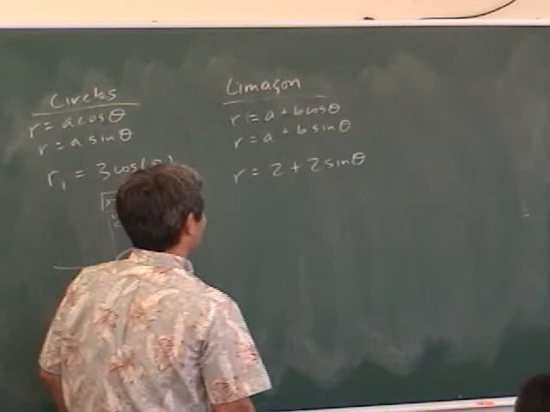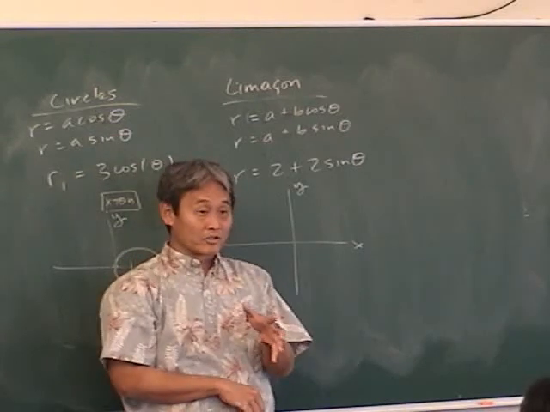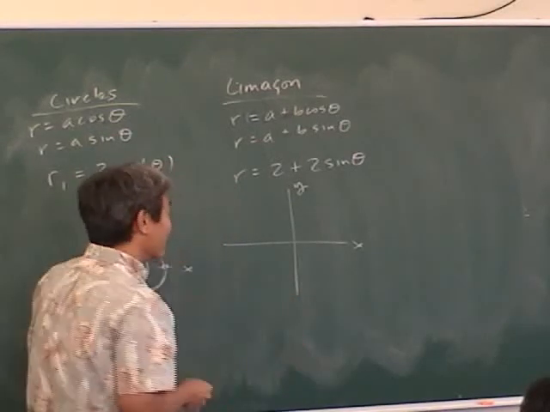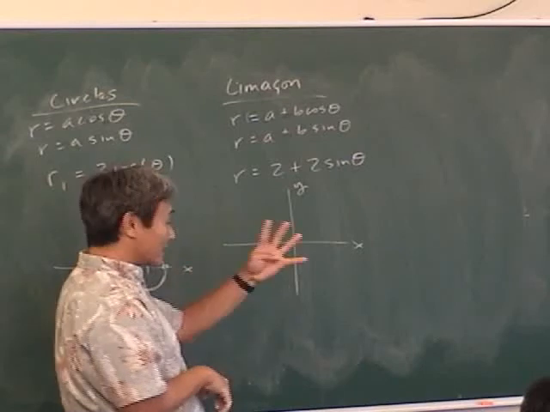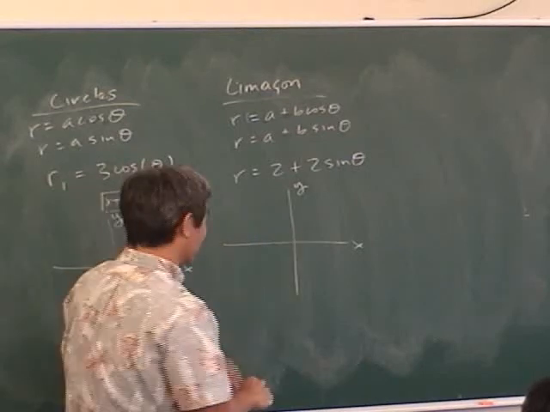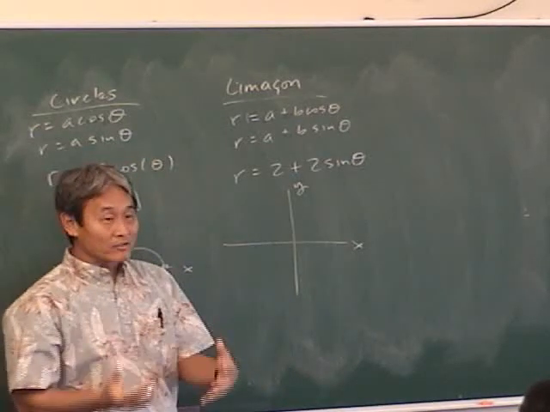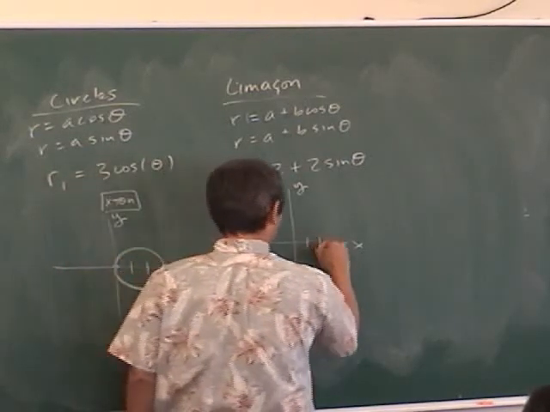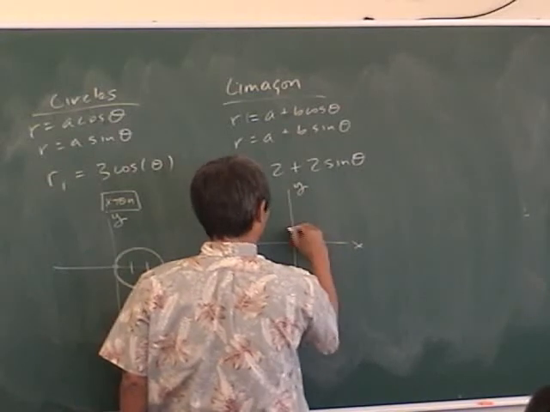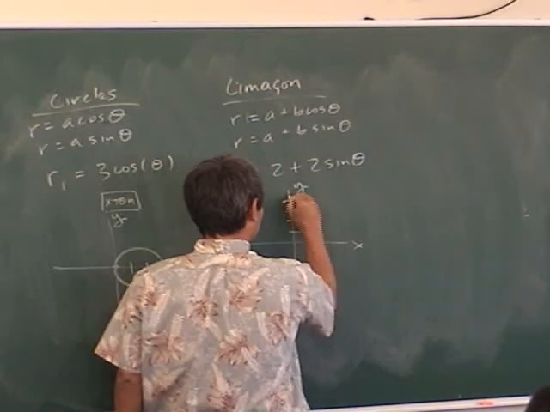Sorry, I can't look. Now, you have to be able to graph these quickly without your calculator. The secret to graphing limaçons quickly is to plot the 4 quadrantal angles. Here we go, 0: 2. If you cannot plug in quadrantal angles, you're going to be in trouble. Pi over 2: 4. Pi: 2. 3 pi over 2: 0.